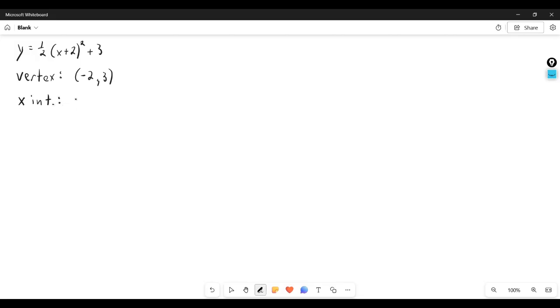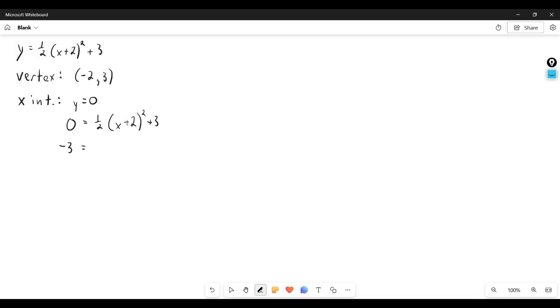What does the algebra look like in that case? So we set y equals 0, and we have 0 equals 1/2 (x plus 2) squared plus 3. Let's try to solve for x. We subtract 3 from both sides.